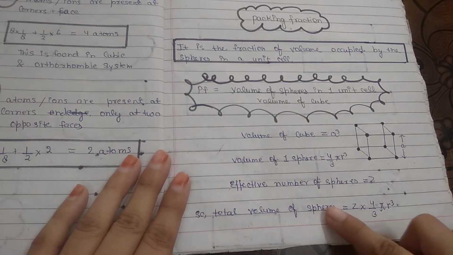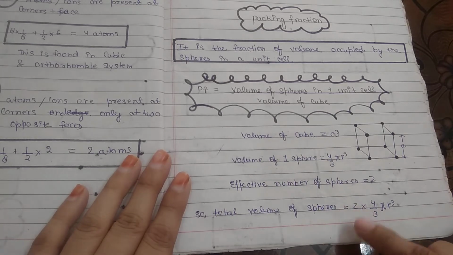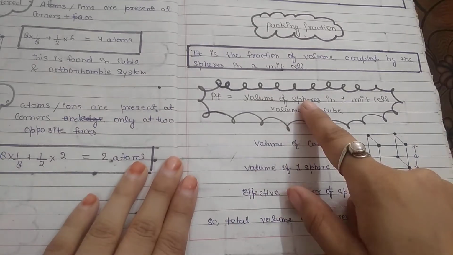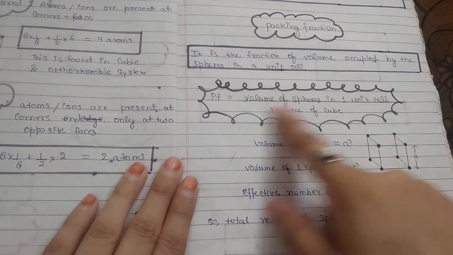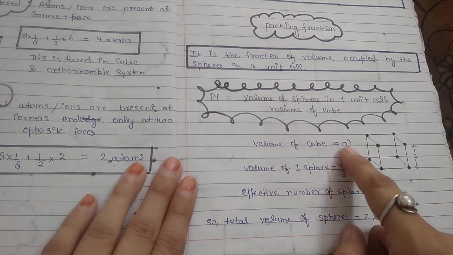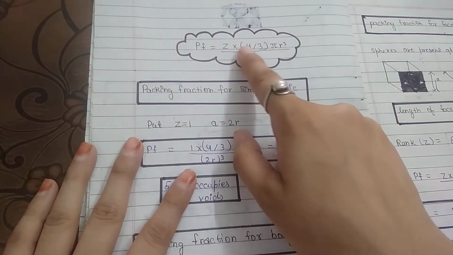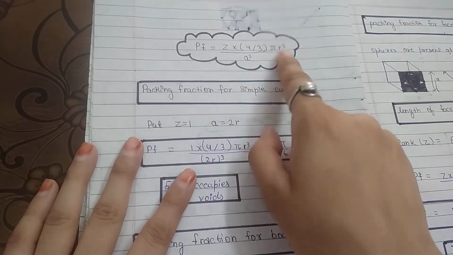Then the volume of spheres is z into 4 upon 3 pi r cube. This is the volume of spheres in one unit cell division by volume of cube, which is a cube. So the formula becomes: packing fraction is z into 4 upon 3 pi r cube division by a cube.